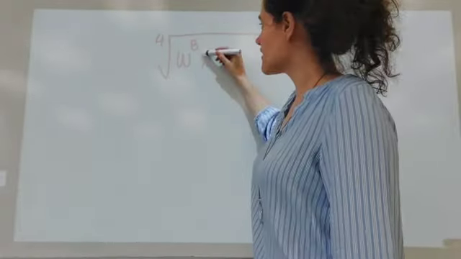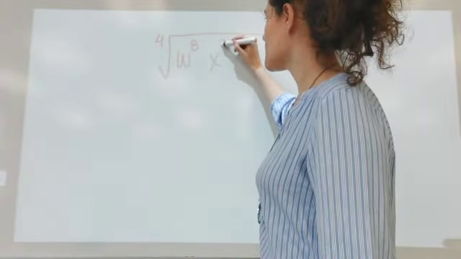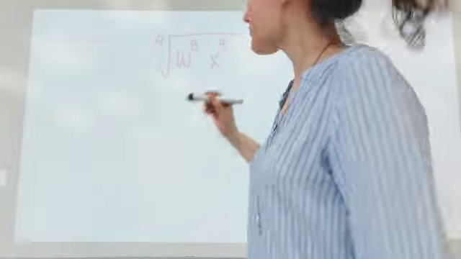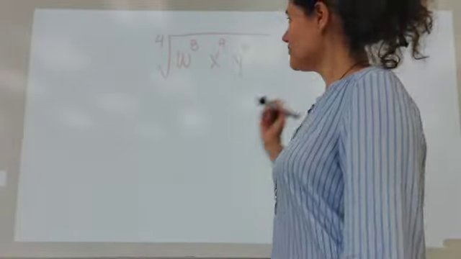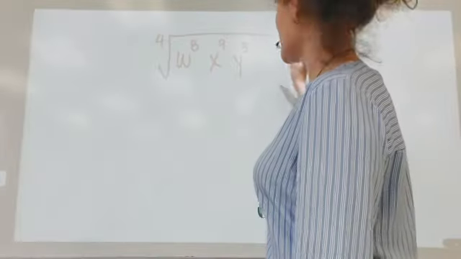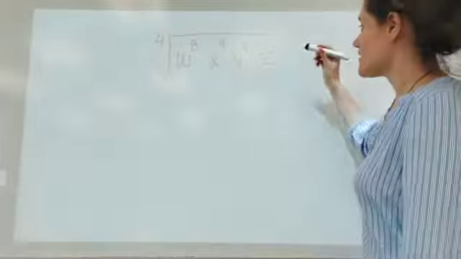X, give it some space. X is going to be raised to the 9th power. Y is going to be raised to the 3rd power, and then Z is going to be raised to the 7th power.